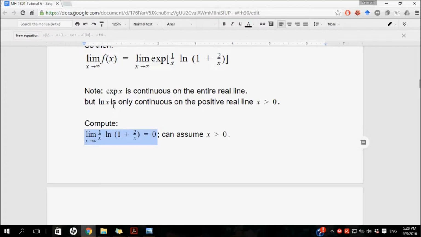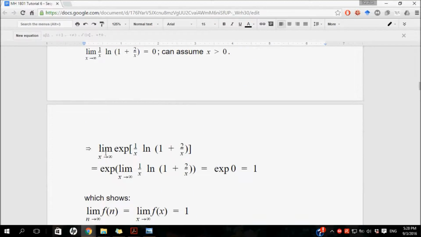And since we know that the exponential function is continuous on the whole real line, we can certainly take the limit and make it commute with the exponential. We can push it past the exponential so that it becomes the exponential of the limit of whatever is on the inside. And we know what the value is. It is 0. So the limit of this expression is the exponential of 0, which is just 1.